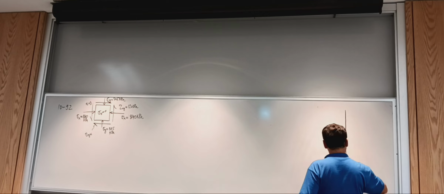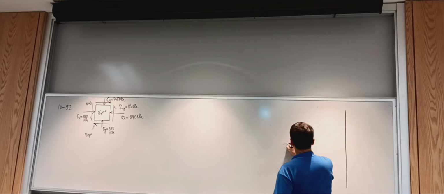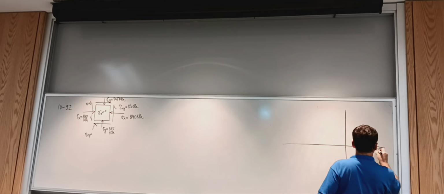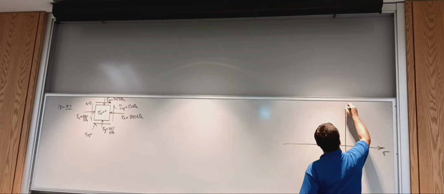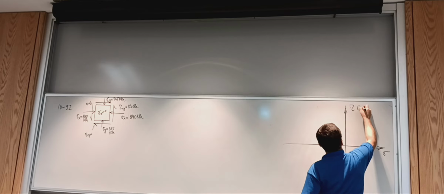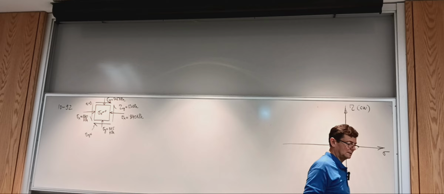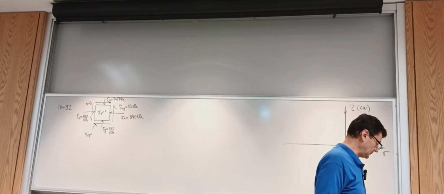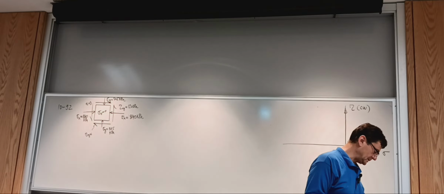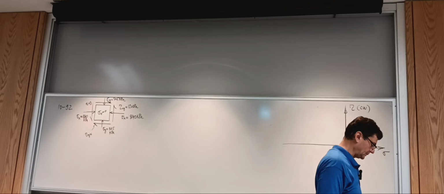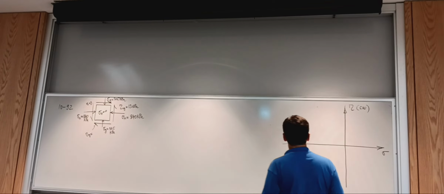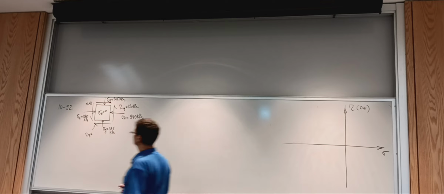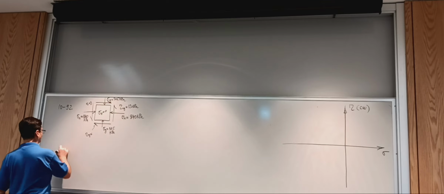We draw the tau axis, this is sigma, this is tau, and up is assumed clockwise. The figure from the book that we follow is on page 610, figure 1030.